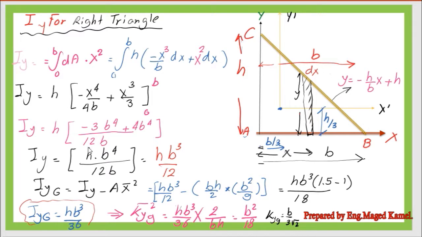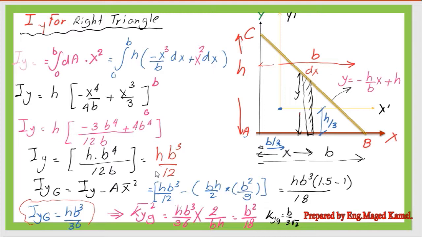When we use the denominator 12b, we multiply here by 3. We have minus 3b to the 4 plus 4b to the 4, and 4b to the 4 minus 3b to the 4 is 1 times b to the 4 over 12b, multiplied by h. So we have hb cubed over 12.